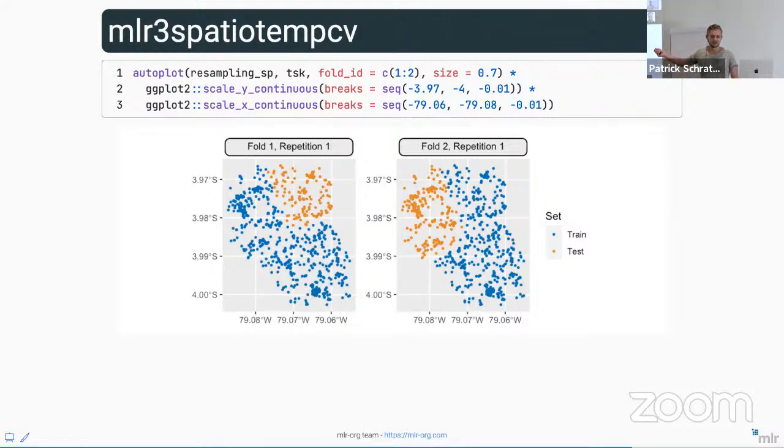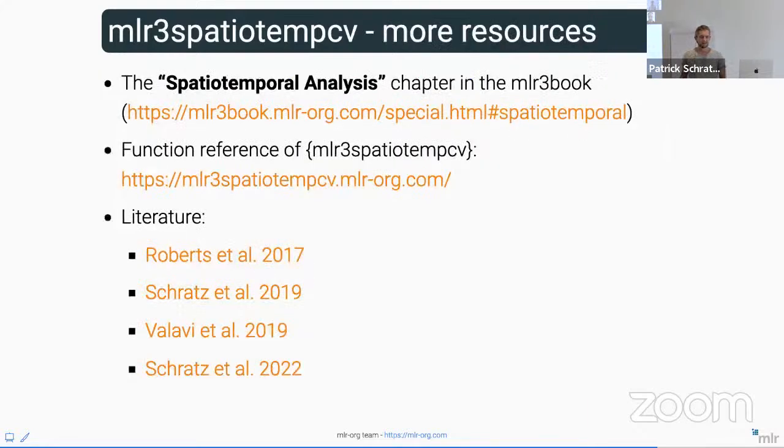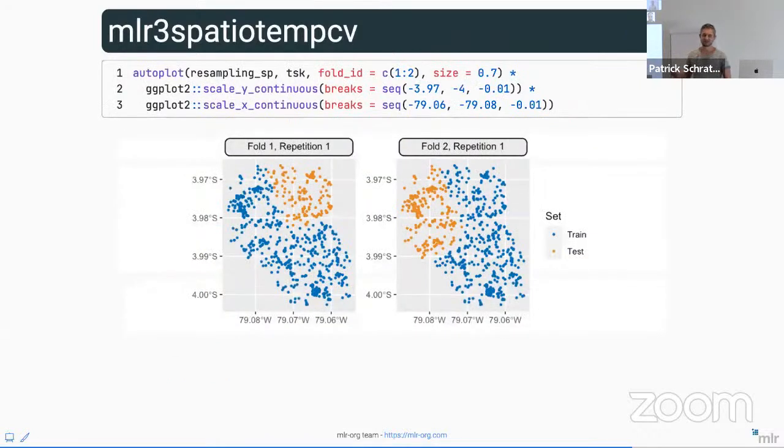Of course, what we do here is use the coordinates that are inside the task, and then we just use the instance split information of the resampling to create this. And that's actually it for the spatiotemporal CV. So you have the autoplot, you have all the different resampling methods.